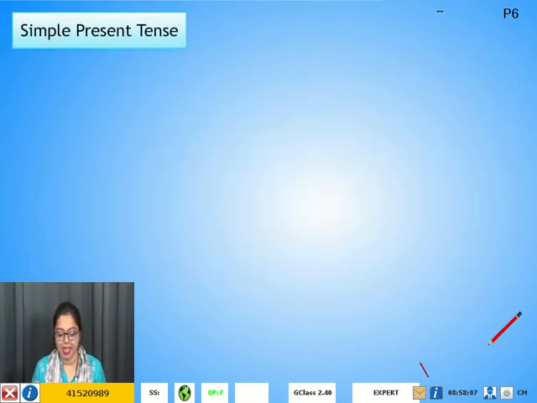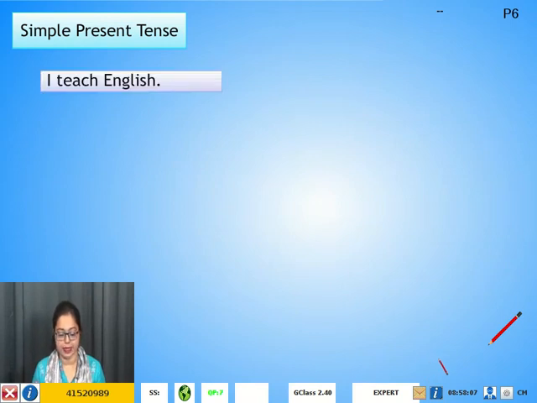Great. Now have a look at the next sentences. It is about simple present tense. Some sentences will be coming up on the screen, so we'll look at how simple present tense looks, the sentence structure which I have taught you earlier. You just look at the sentence structure and match the sentence to it.